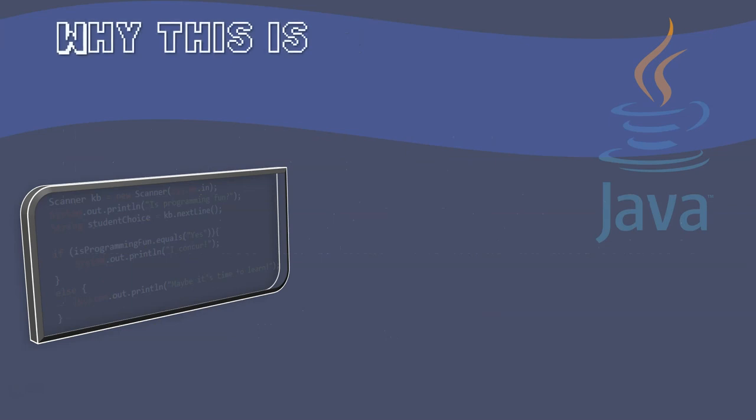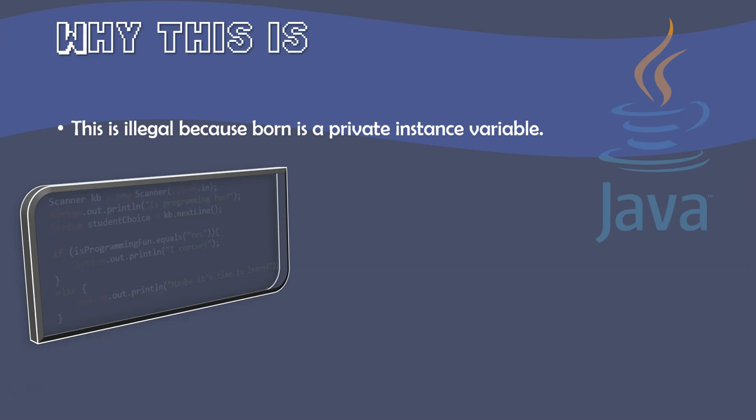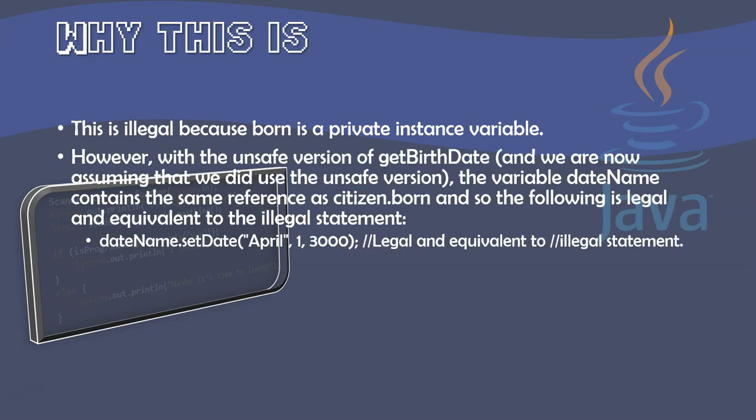Now, why is this happening? Well, first off, we have to understand this code that we're looking at is illegal because the instance variable born is private. You shouldn't be able to go in and directly modify it.